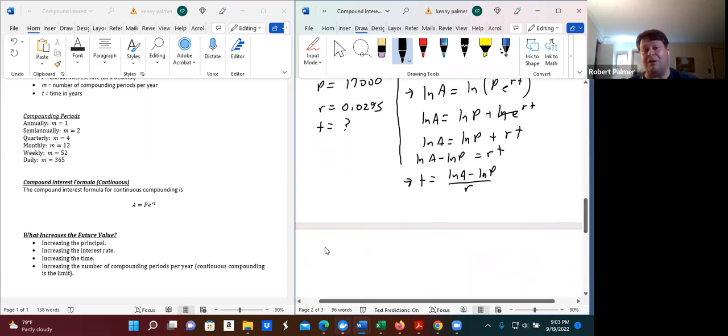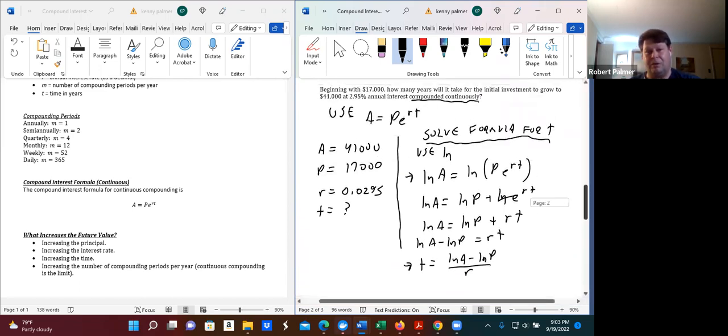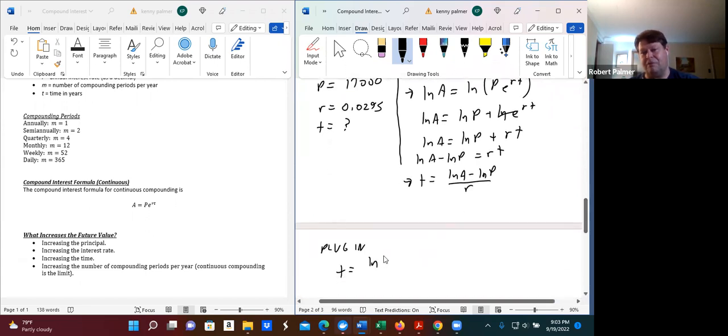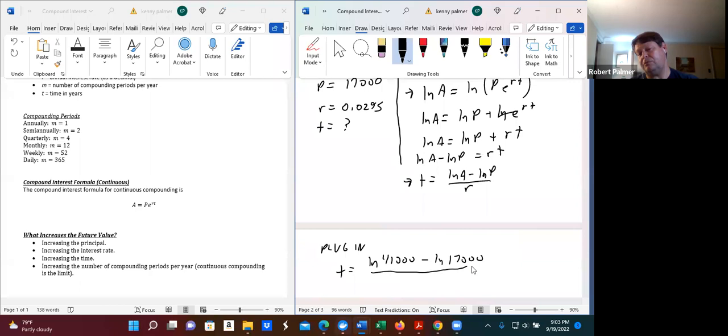Now let's plug in my values. When I plug in my values, I have T is equal to the natural log of A, and A was $41,000. So natural log of 41,000 minus natural log of P, so natural log of 17,000, and then over R, and R is 0.0295.